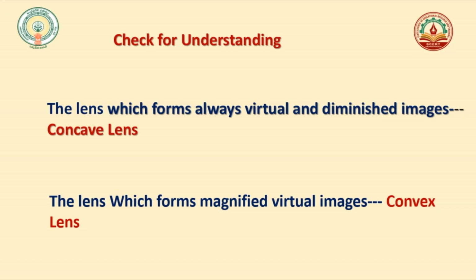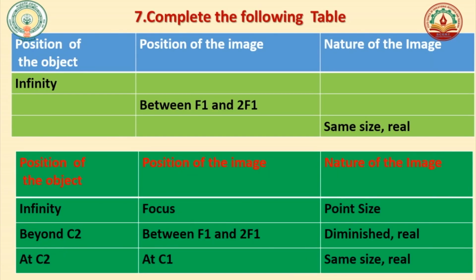Now we have already explained the sub-concept, and to summarize, now check for understanding. The lens which always forms virtual and diminished images is the concave lens. The lens which forms magnified virtual images is the convex lens. We have to give some table-based questions which are apt for the coming examinations also.